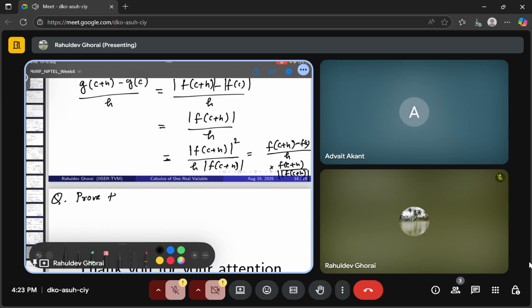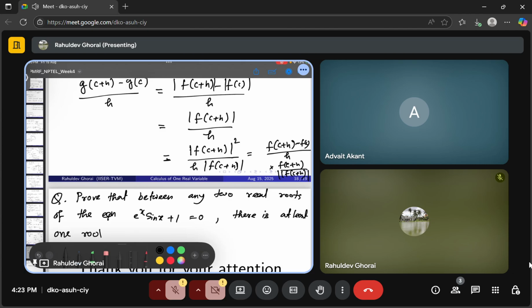Prove that between any two real roots of the equation e to the power x sin x plus 1 equal to 0, there is at least one root of the equation tan x plus 1 equal to 0.